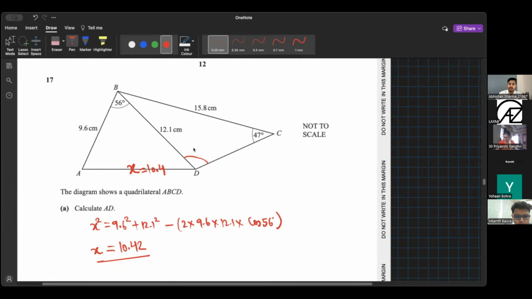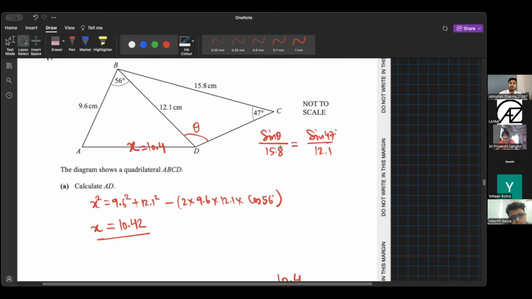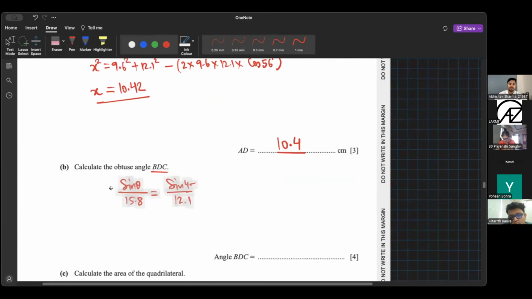Let's mark this angle as theta. So we can write sine theta upon 15.8 equals sine 47 divided by 12.1. And now we can take this here. We don't have writing space.